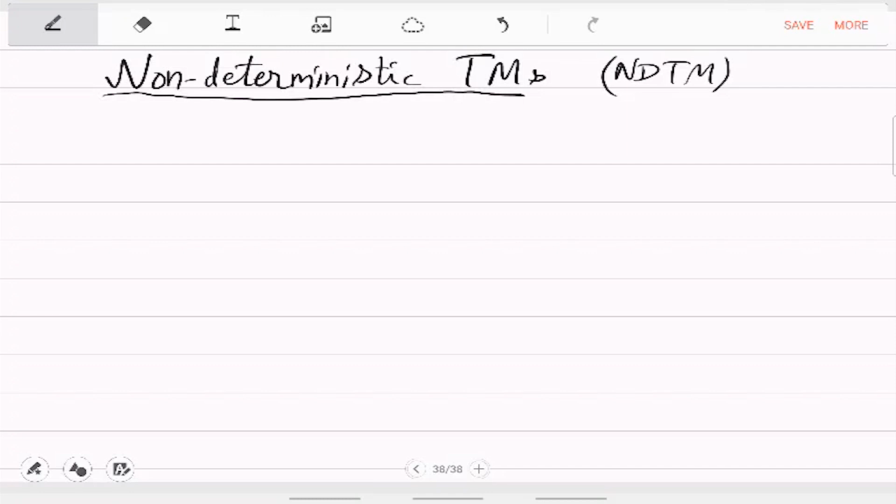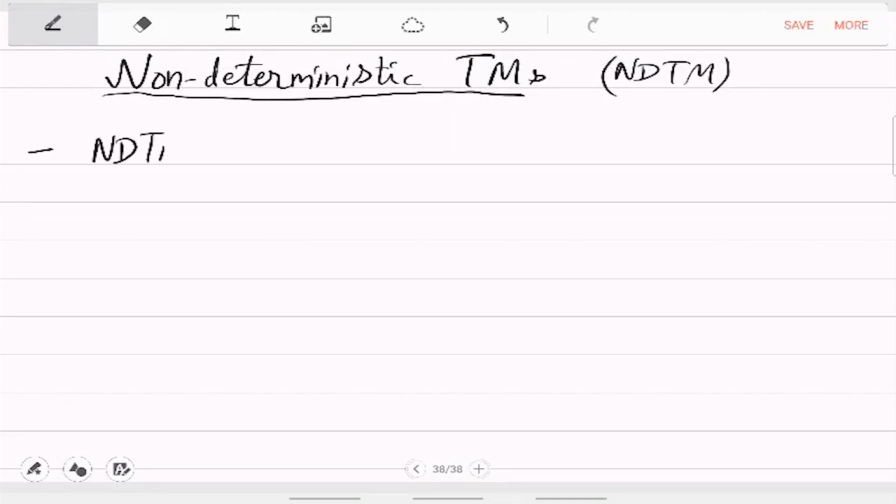We'll shorten this to NDTM, non-deterministic Turing machines, to contrast with Turing machines, which we think of as deterministic. So the definition of this will be similar to a Turing machine, except the transition function will not be a function. It will be a relation.